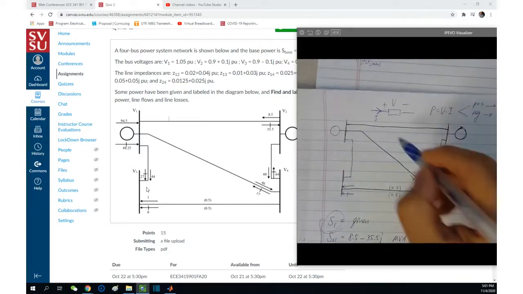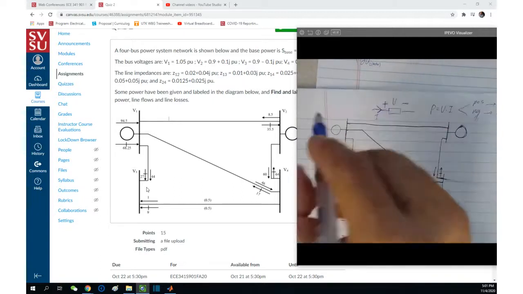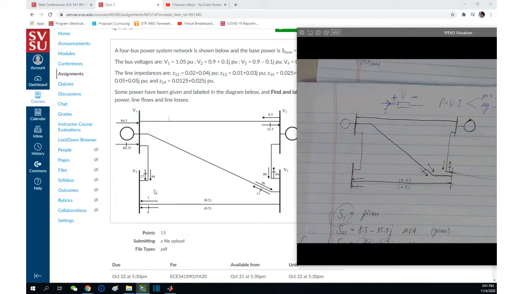That's because you're assigning the polarity and direction of the current here. But here, absorbing in the graph, you're saying absorbing or delivering, you're seeing the direction of the power. It's different. You have different reference. Does it make some sense?